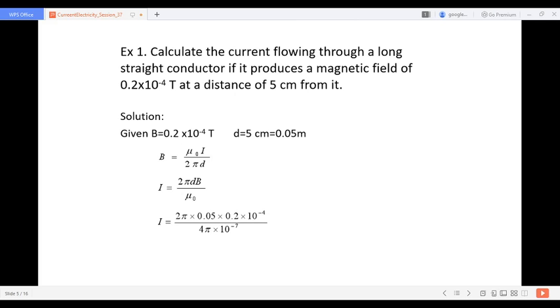Substituting the values, we get I equal to 2 pi into 0.05 into 0.2 into 10 raised to minus 4 divided by 4 pi into 10 raised to minus 7. Multiplying and doing the calculations, we get the current I equal to 5 amperes.